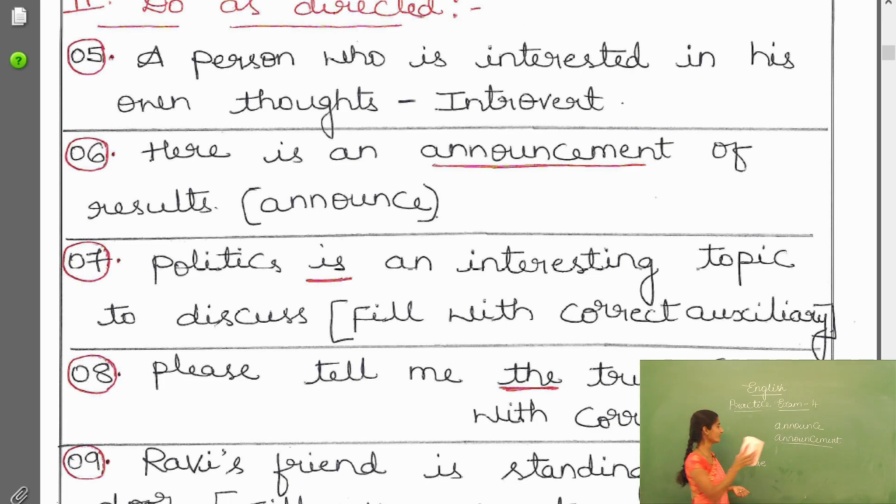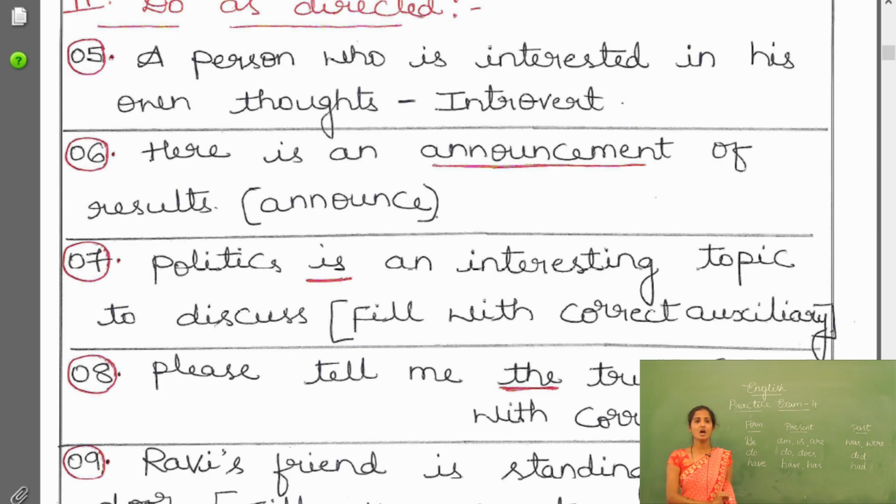In the be form, you will get am, is, are, and for the past was, were. Do form: do, does, and in the past they become did. In the have form: have, has, and in the past form they become had. So these are the auxiliaries. You all know this and you have written these things in your grammar notes, so you have to revise all these things. What they have asked is, you have to fill that with the auxiliary.